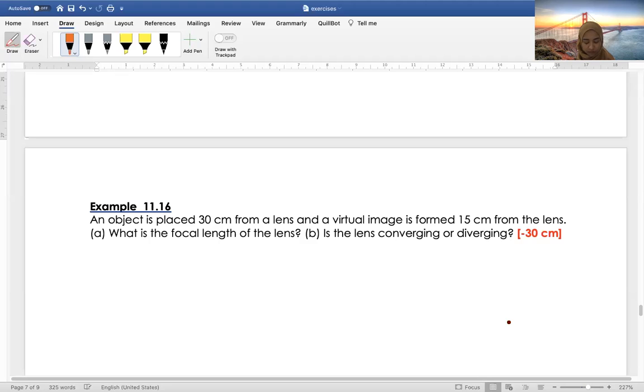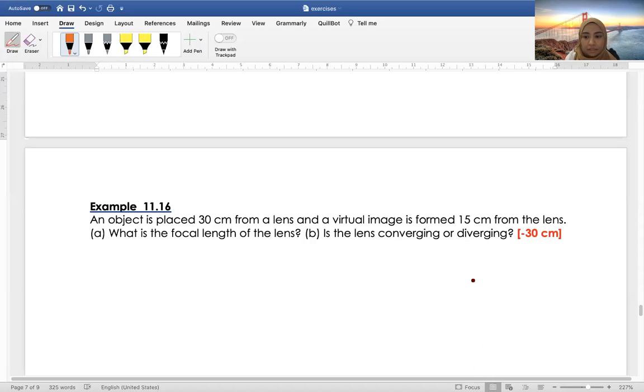For mirror, it's greater than the radius of curvature. It's not the same. There's a summary on pages 138 for mirror and 143 for lens. I don't think it's the same, because mirror has a radius of curvature. For lens, we only have f.